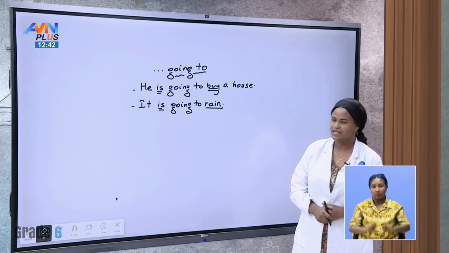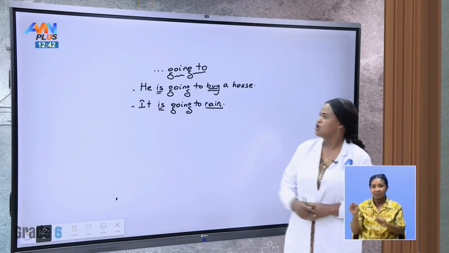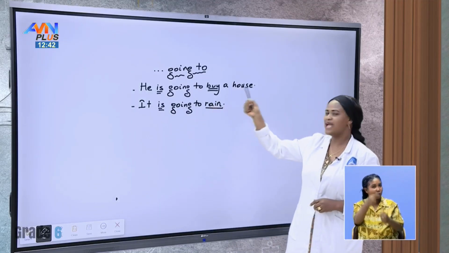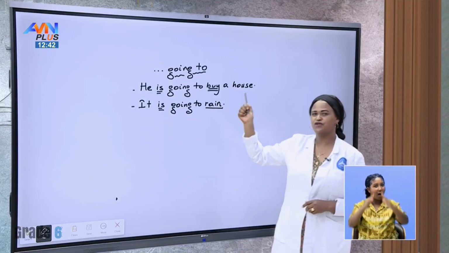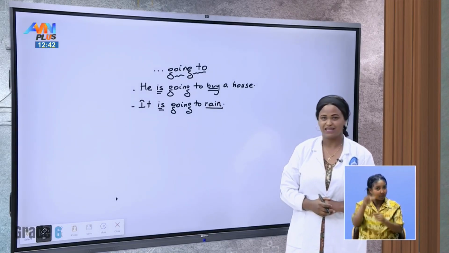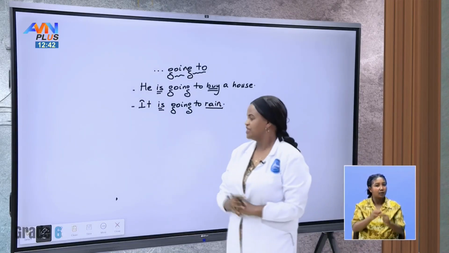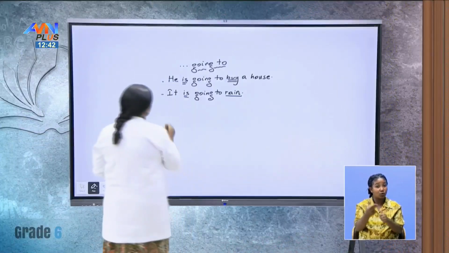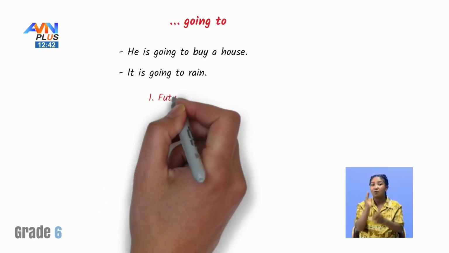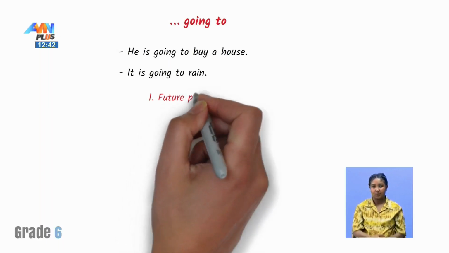Okay. Yes, the difference here is, if you see the sentence, he is going to buy a house. What kind of future is it? It is a plan. Yes, it is a plan. So, the first use of going to is, one, to express a future plan.